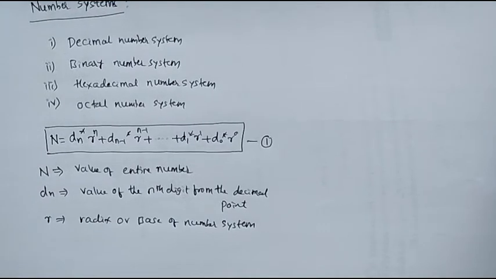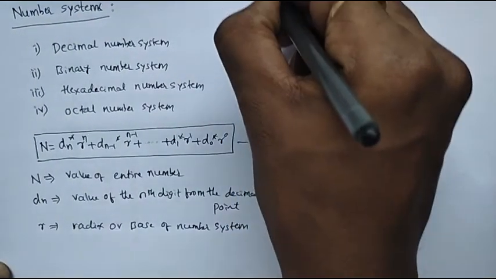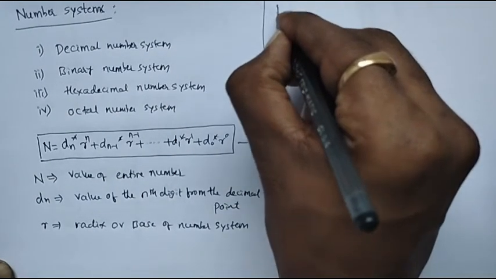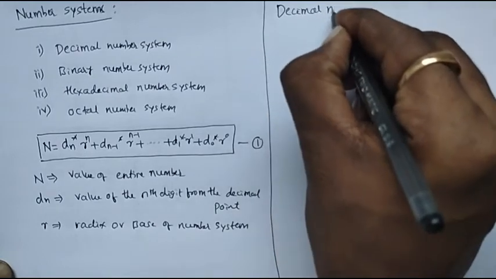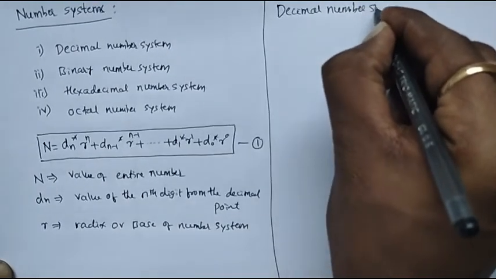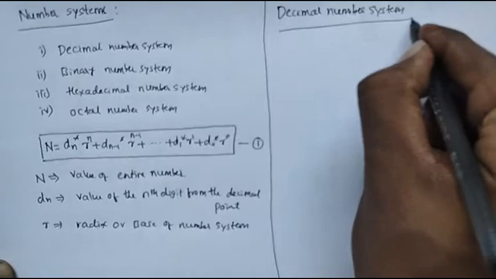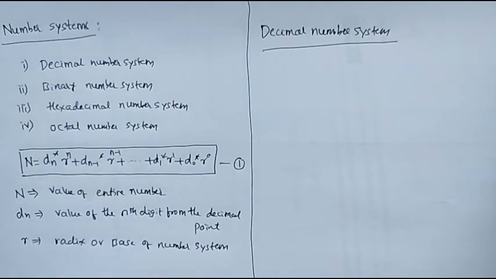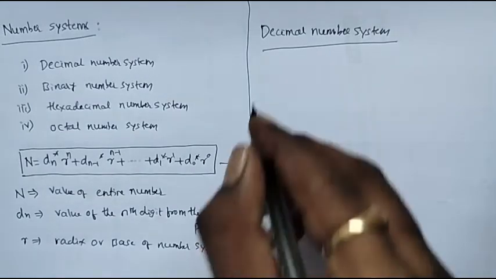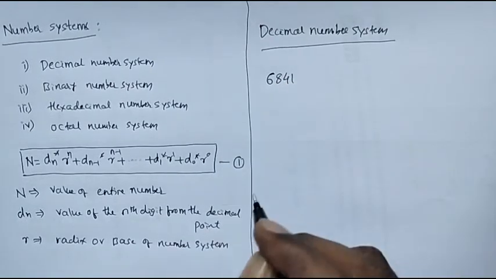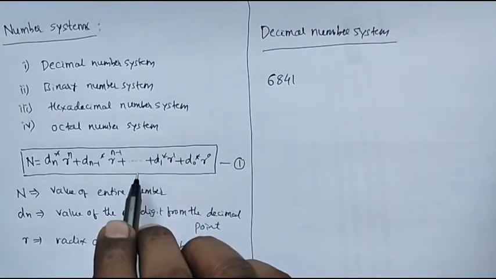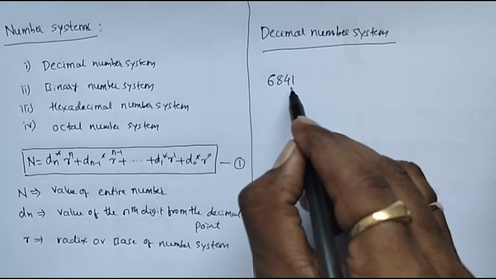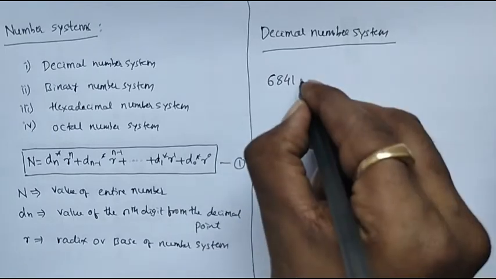Now let us take decimal number system. In decimal number system, for example, 6841 can be represented as, now look at this equation number 1, we will try to represent 6841 in this format.